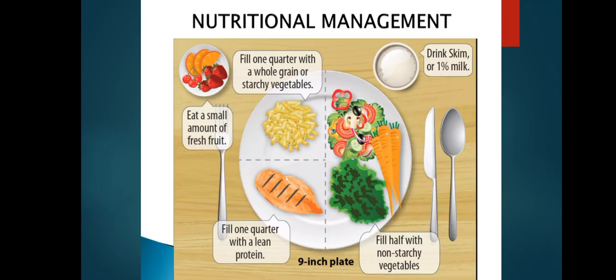In one quarter, we will place starchy vegetables, and one quarter is filled with lean protein, and half of the plate will be filled with non-starchy vegetables. We prefer to eat fresh food, fresh vegetables and fruits in diabetes.